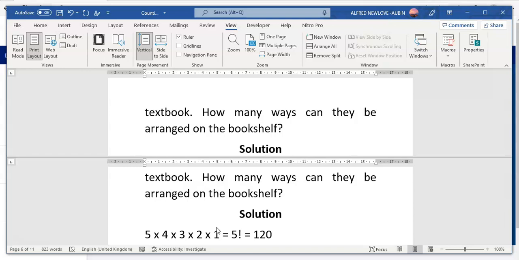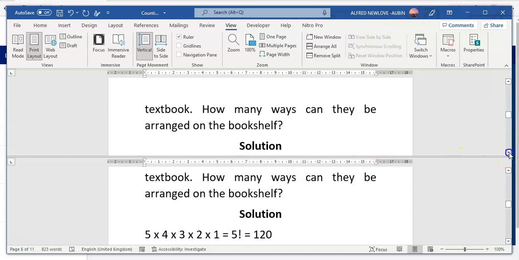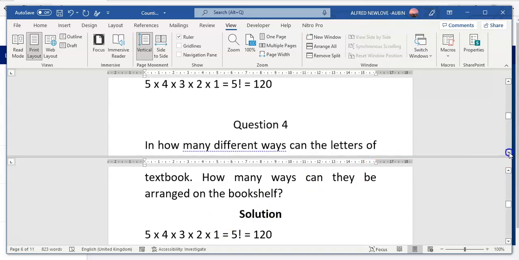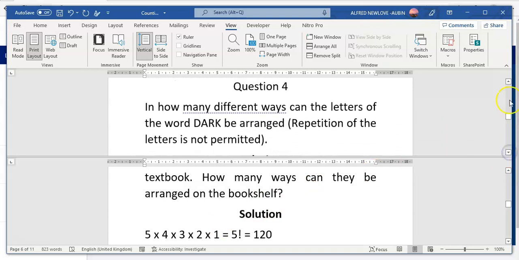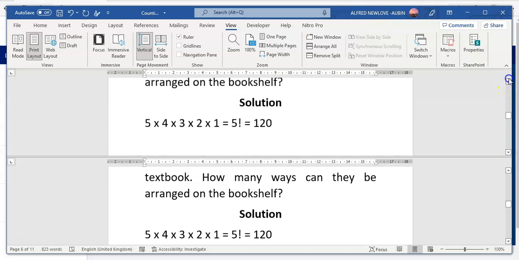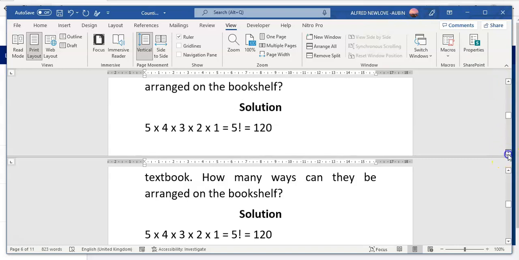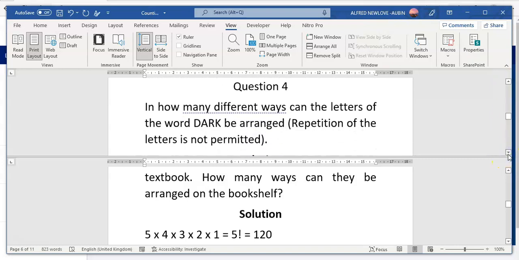Okay, now the next question is this one. In how many ways can the letters of the word duck be arranged?